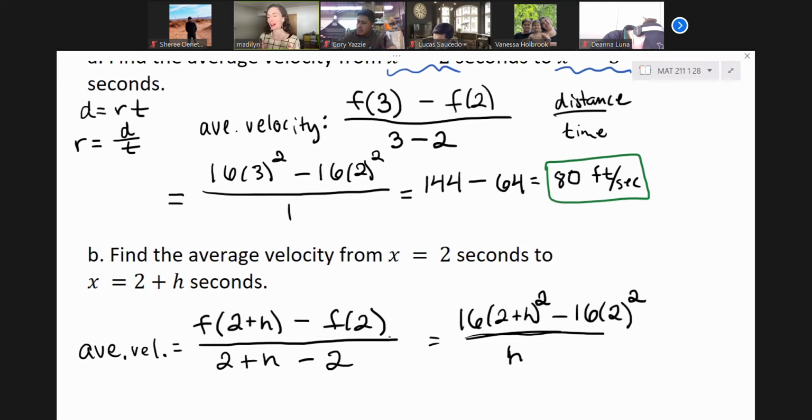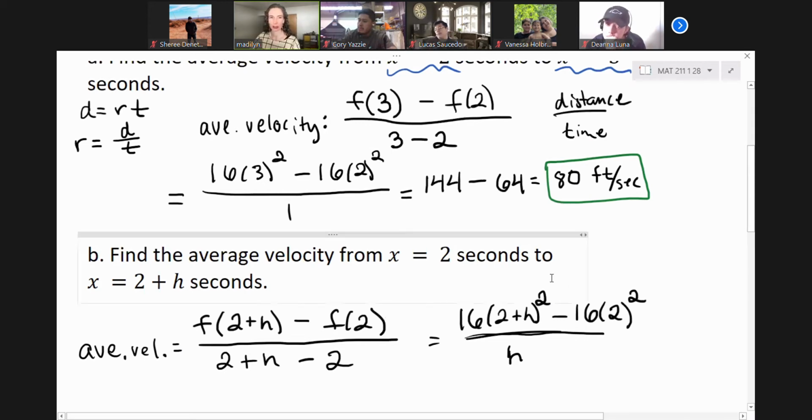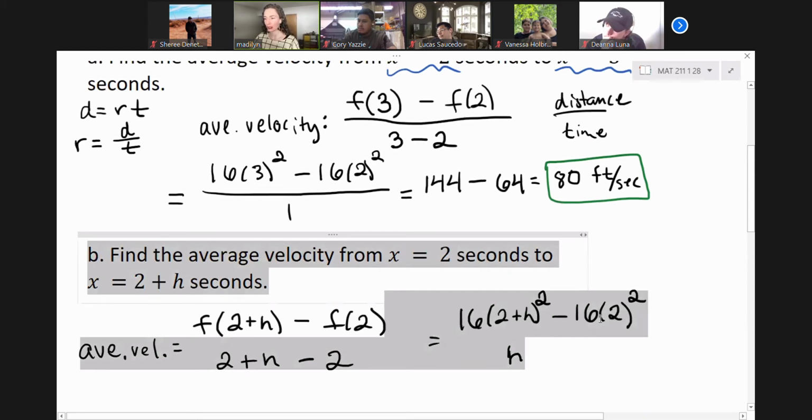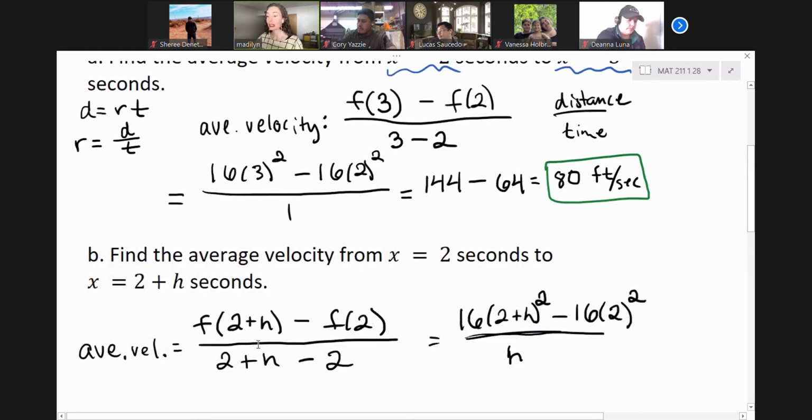The distance that it traveled in 2 plus h seconds is f of 2 plus h, which is that 16 times 2 plus h squared. And then our distance traveled in 2 seconds is the 16 times 2 squared. So we're doing the exact same thing as above. It's just instead of knowing 2 and 3 seconds, we have 2 and 2 plus h seconds.